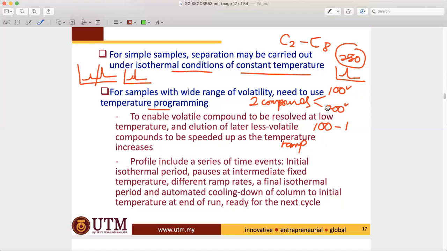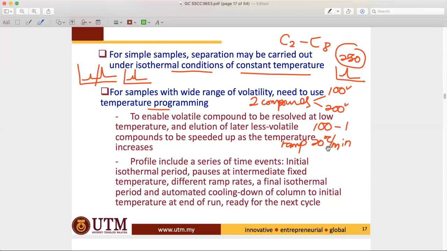Maksudnya from 100 to 200 there will be an increase. Kan, nak naik daripada 100 ke 200 ni perlu ada peningkatan suhu. So peningkatan suhu itu, how are you going to set the ramp? Okay, so for example, you say that the ramp is going to be 20 Celsius per minute. So you set the ramp after this 1 minute of 100 Celsius, you need to set ramp 20 Celsius per minute.